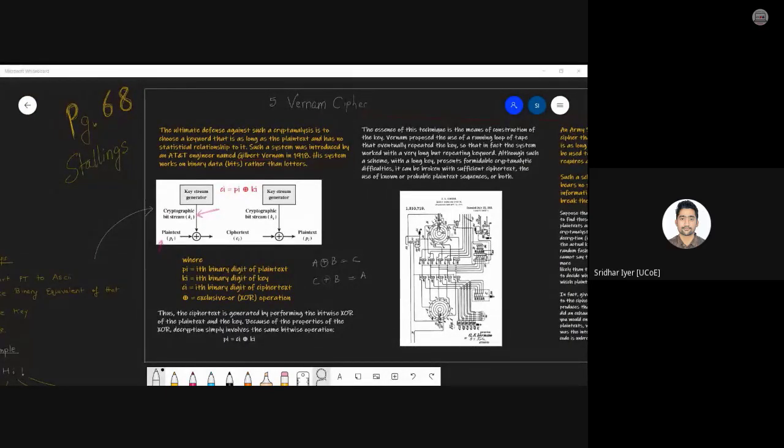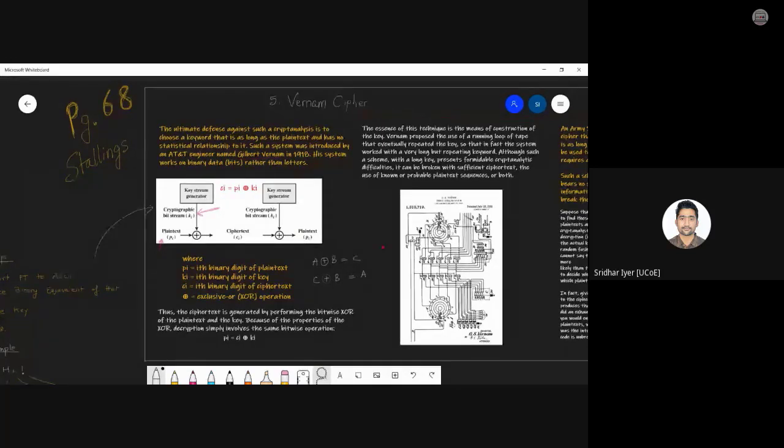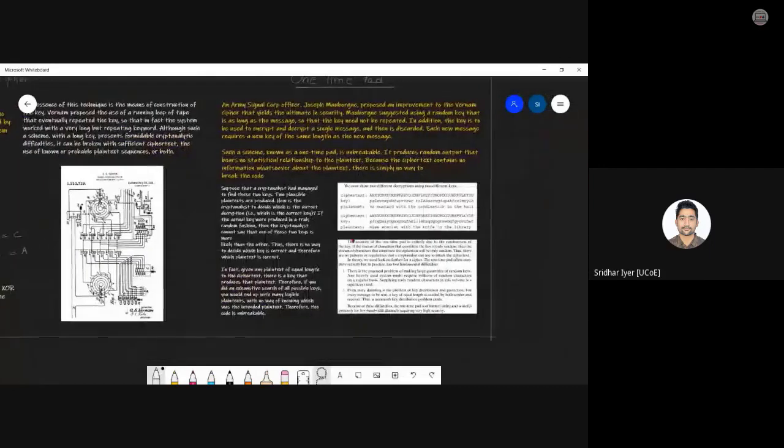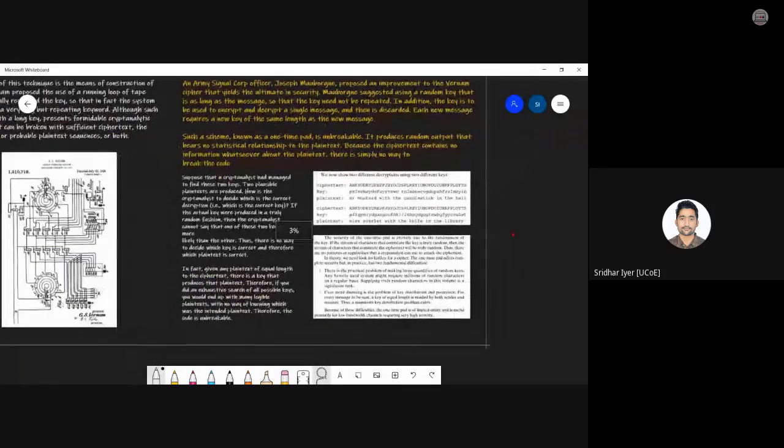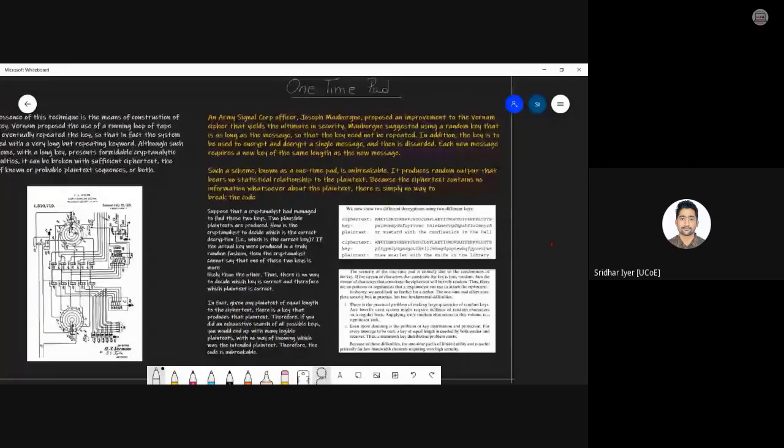Is it clear now? Kindly let me know. Okay, fine. So let us study the one-time pad, which is basically an application of this Vernam cipher. It is again a Vernam cipher only, but with a few minor changes. Just have a look.